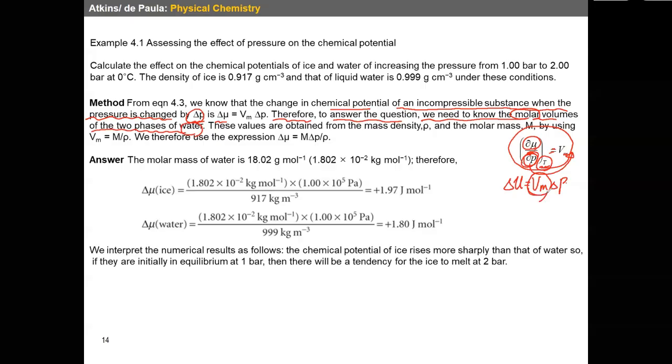If we know the molar volume and the pressure change, we can simply calculate the chemical potential change.